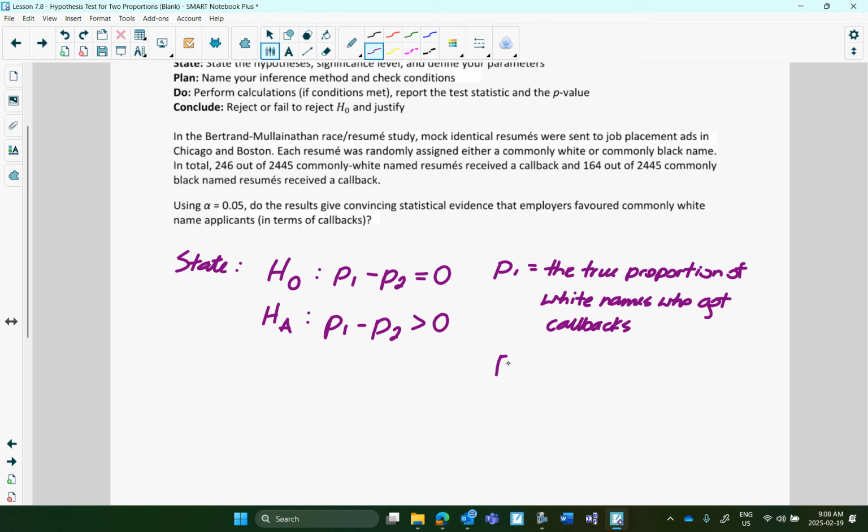And P2 is the true proportion of black names without callbacks.